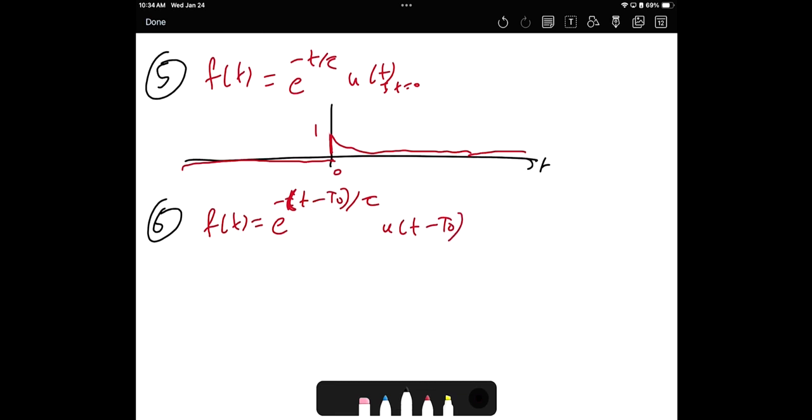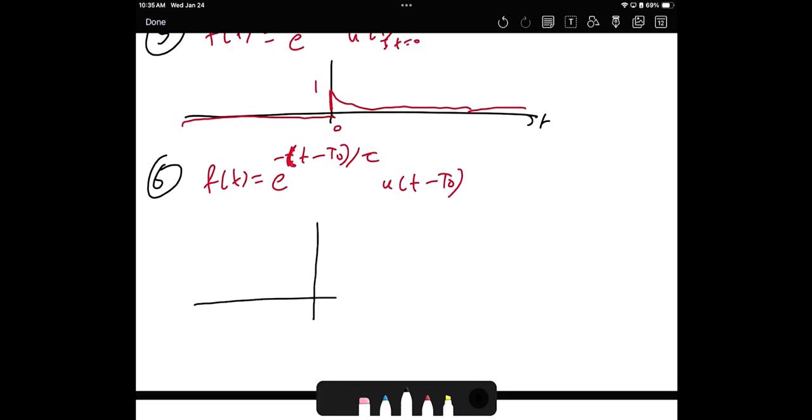How can I plot this? The first thing is that it will be enabled at t0. Before t0, everything is 0. At t0, it changes.